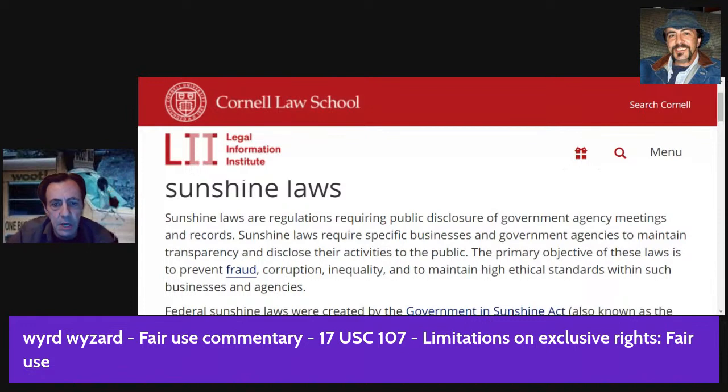When can agencies close meetings? Agencies subject to the Act may close portions of meetings that are likely to disclose information properly classified in the interest of national security, relate solely to the agency's internal personnel rules, disclose matters specifically exempted from disclosure by statute.